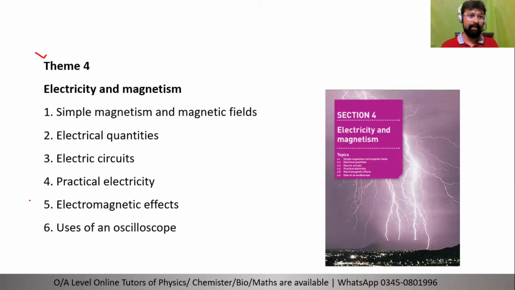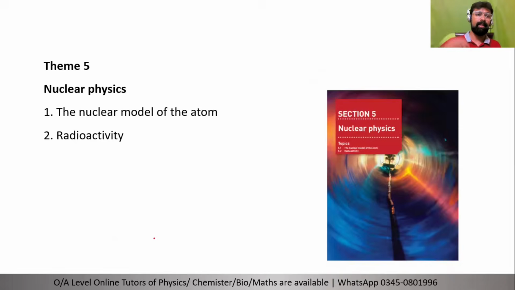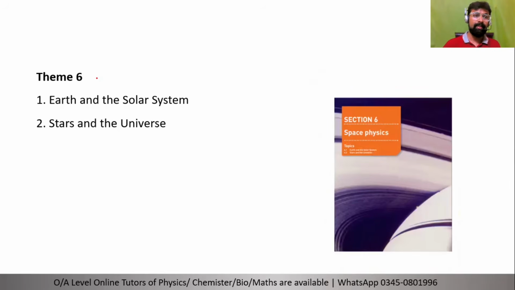There are 6 topics related to electricity and magnetism, starting from simple magnetism and magnetic field to the use of the oscilloscope. In theme 5, there are 2 main topics: the nuclear model of the atom and radioactivity. In theme 6, which is the new one, there are 2 main topics as well: the Earth and the solar system, and the stars and the universe.